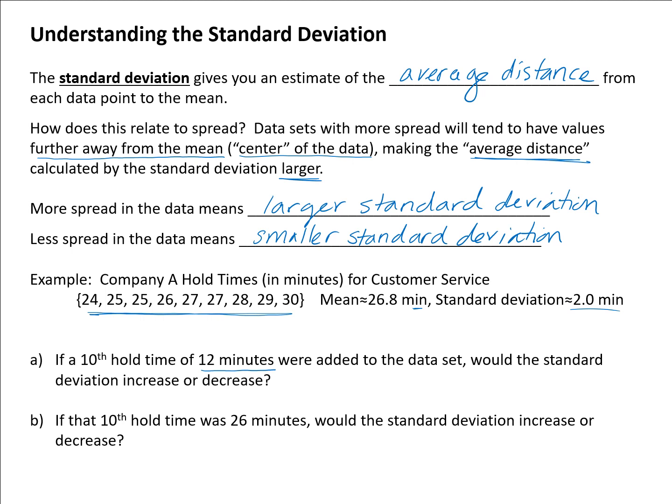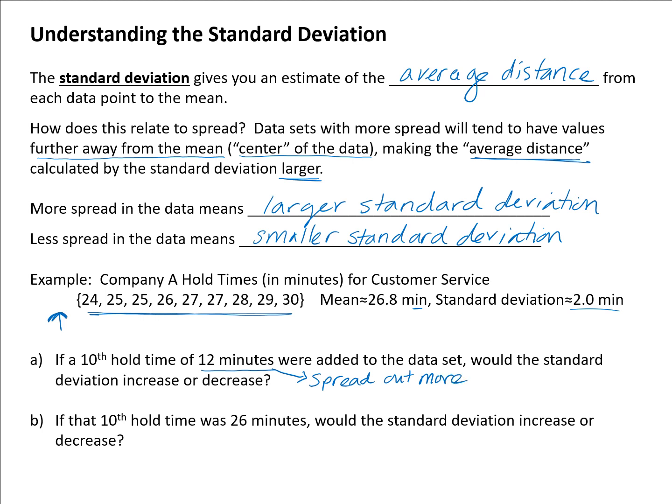Well, think about where 12 is related to these current 9 values. 12 would be much lower than the rest. So 12 would make the data set more spread out. This would spread out the data if we had one more hold time of 12 minutes.